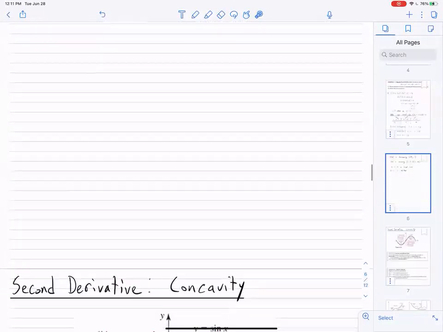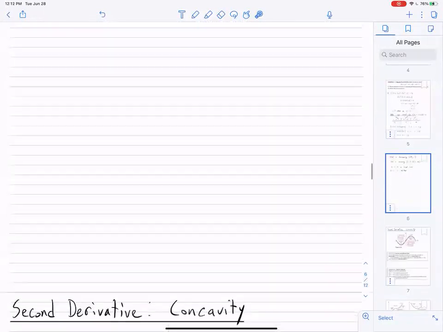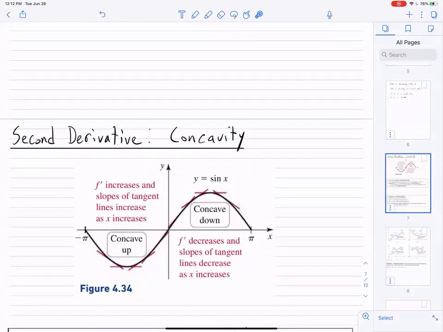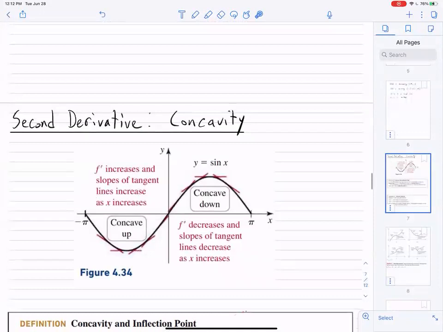All right, now let's change gears and talk about the second derivative, which is concavity. The second derivative is the derivative of the first derivative, so it's how the first derivative is changing. On this part right here, the derivative is getting more and more positive. The slopes start out negative, then go to 0, and then start getting positive.